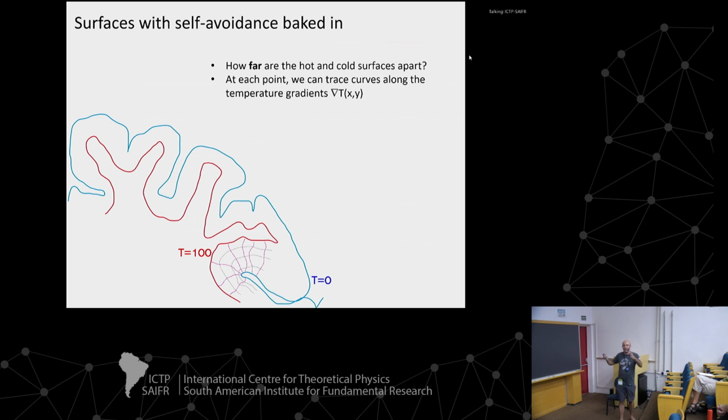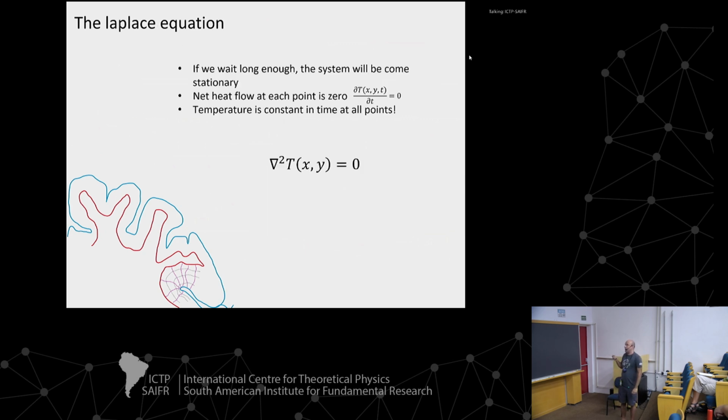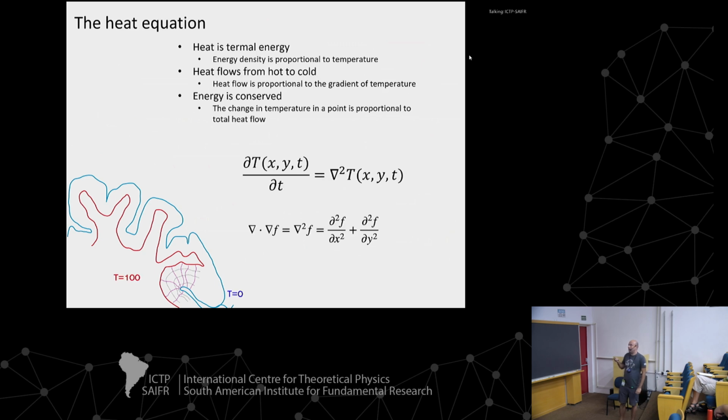Assume I find a decent enough scalar field, but I know how to find this scalar field. Because heat in this ideal condition is described by the heat equation. The temperature at a certain point changes proportional to essentially how much energy comes in minus how much energy comes out. It's Laplacian. Now, if I look for the stationary distribution, that's a distribution where the temperature at each point is constant.